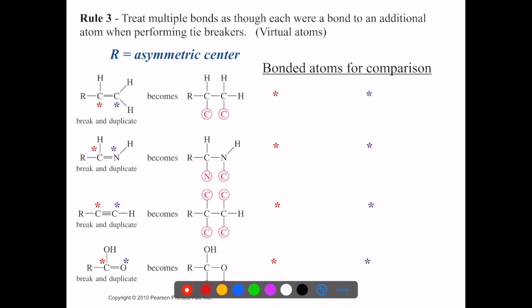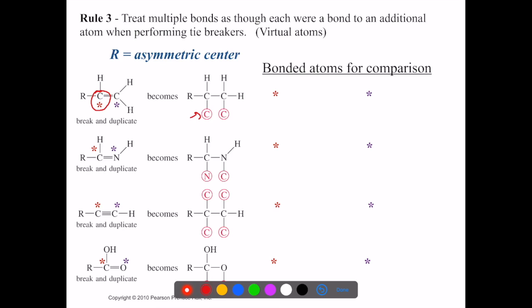So take this carbon right here. It has, if we had to do a tiebreaker, carbon and a carbon, so which one is higher priority? You look at the 3 groups on the carbons, play the game like we've seen in the previous examples. But now we have a double bond. So you treat that as like 2 bonds to carbon. So you can see here it's like a virtual atom.